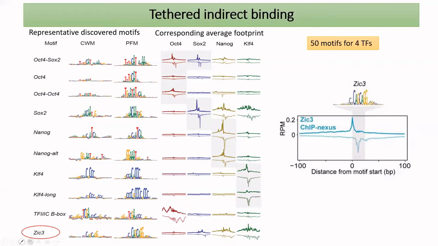And you'll notice that whenever we see tethered binding, that is, we see a motif that the TF typically doesn't directly bind to, the footprints also tend to be more fuzzy. So you get very clean, strong footprints when you have direct binding, like here, Nanog to Nanog. But if Nanog is binding indirectly through ZIC3, you typically see much more fuzzy footprints.